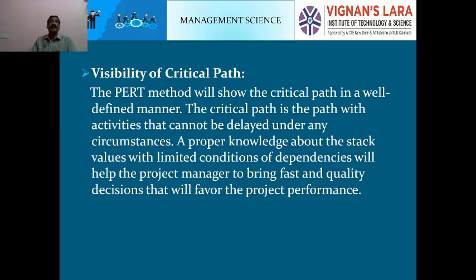That means PERT can also concentrate on the quality of the output, quality of the task, rendering of the task. That means if any loopholes or weaknesses are there, PERT can also help to remove and regulate the weaknesses.